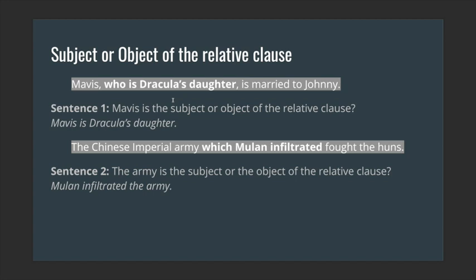So she is the subject of that sentence. So Mulan infiltrated the army. So in that case, the army is the object of the sentence. Mulan infiltrated what? The army. So that is why we're going to replace the army with a relative pronoun, in this case, which. So the Chinese Imperial Army, which Mulan infiltrated, fought the Huns.